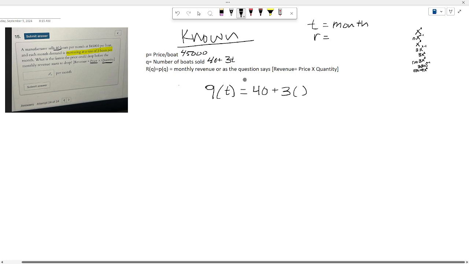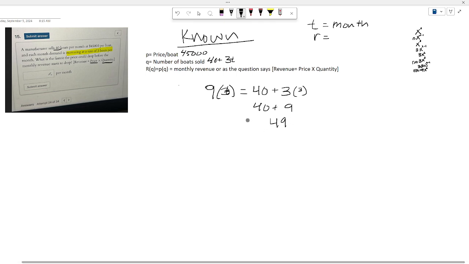So let's say that it's March. How many boats did they sell in March? March is the third month, so you put a 3 there and a 3 there. So it's 40 plus 3 times 3, which is 9. 40 plus 9 is 49. So in March they sold 49 boats.